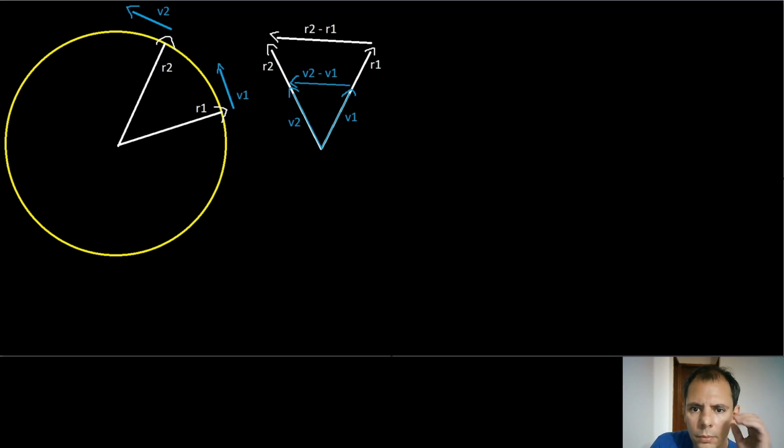So, here you got a centripetal acceleration, and the centripetal acceleration vector always has to be perpendicular to the velocity vector. Why? I already explained this before, otherwise it's not going to be uniform. So the centripetal acceleration vector has to be this at this point, and it has to be this at this point.